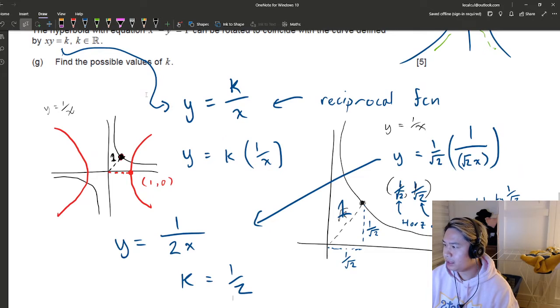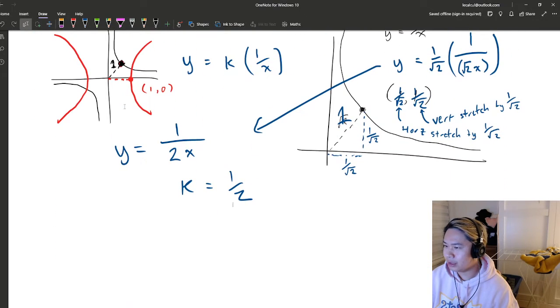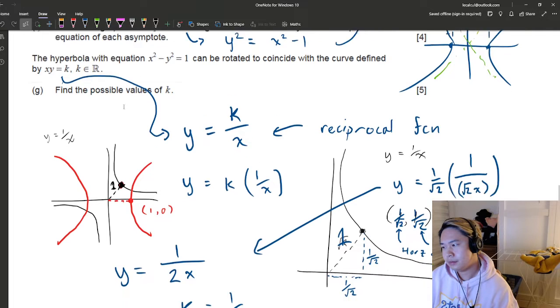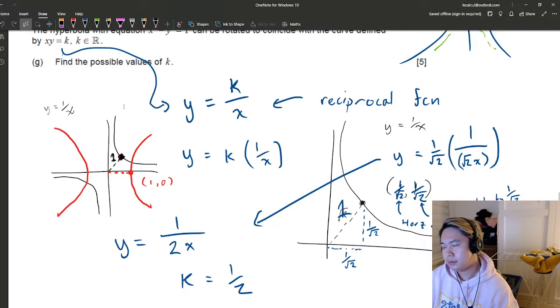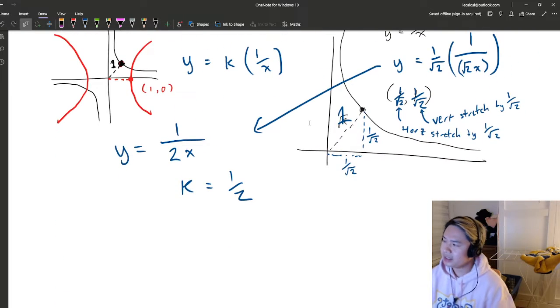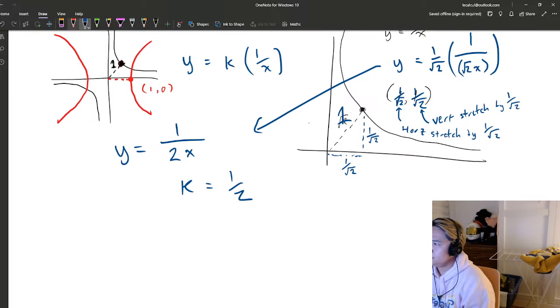And then it says possible values, so there's more. Oh, I guess you can take this coordinate and the whole graph right here, and rotate it so that it matches the other section. So this one rotates and matches here.